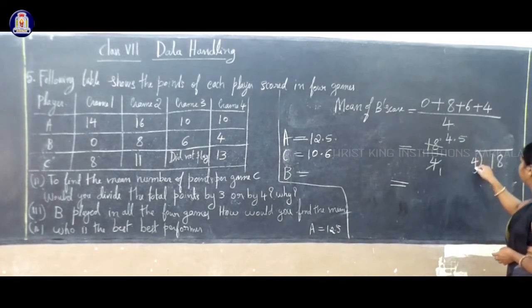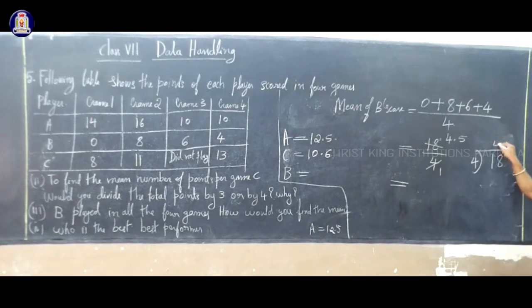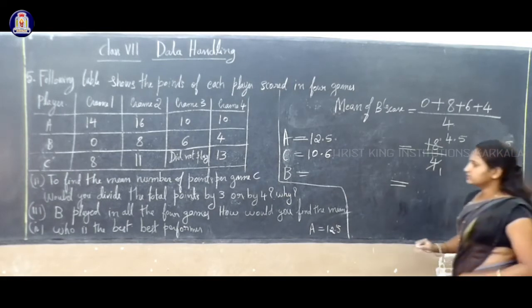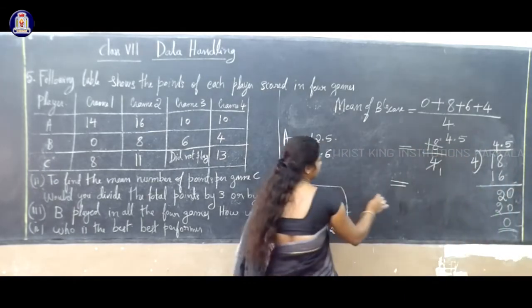So if you want, you can divide like this: 18 and here is 4. 4 how much are 18? 4 fours are 16, so the remainder is 2. Now again, 4 how much are 2? We cannot divide, so you take a decimal point and put a 0. 4 how much are 20? 4 fives are 20, so the remainder is 0. So the answer is 4.5.